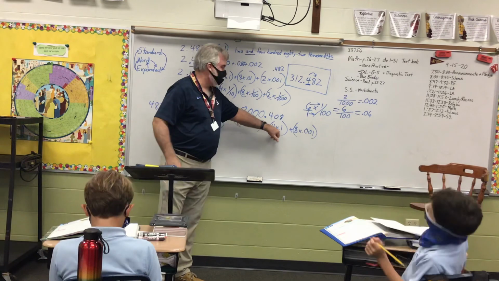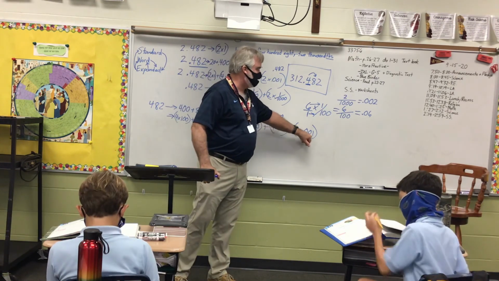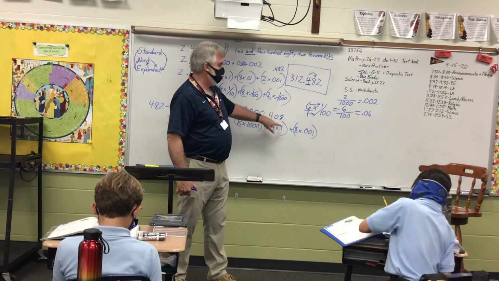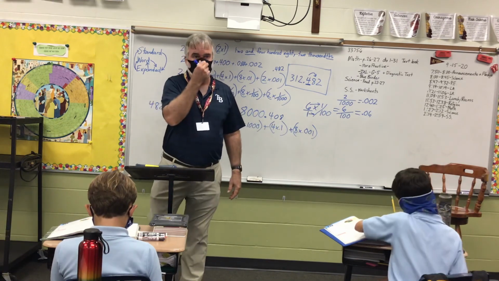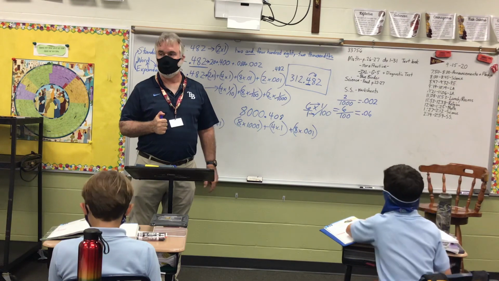I got 4 times 0.1, then I got 8 times 0.001. Did I put this 0 in there? It's not in here. You can skip it. That's what I was asking.